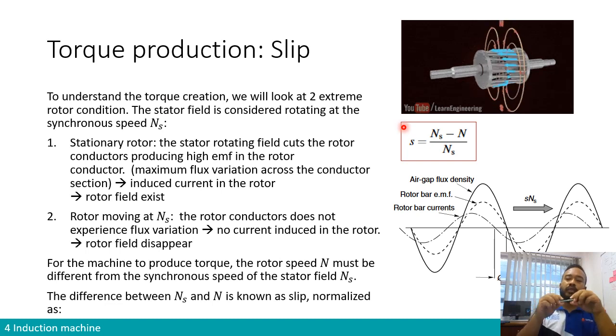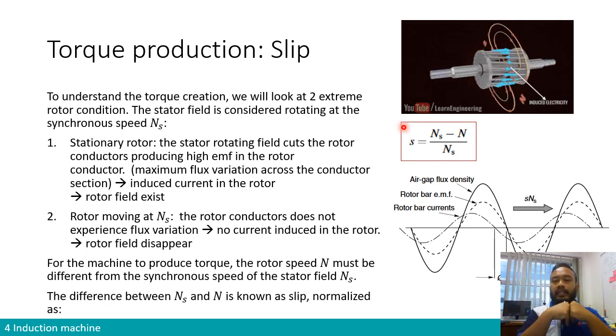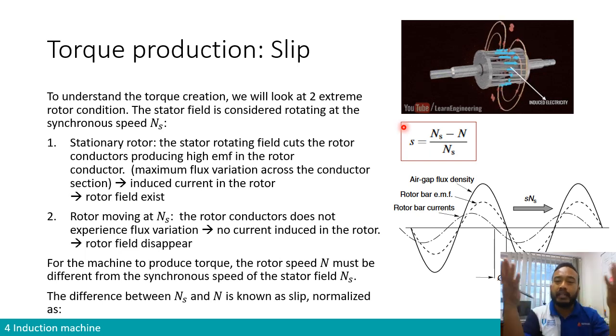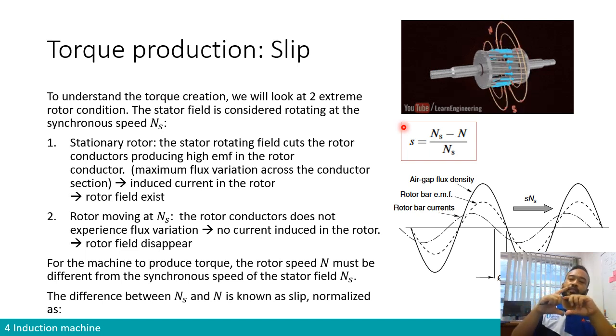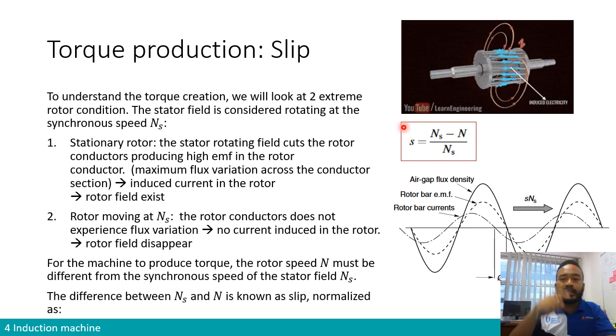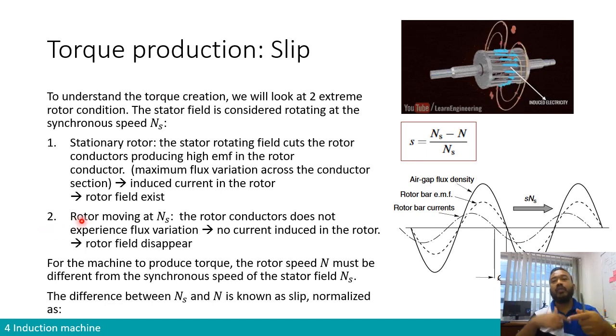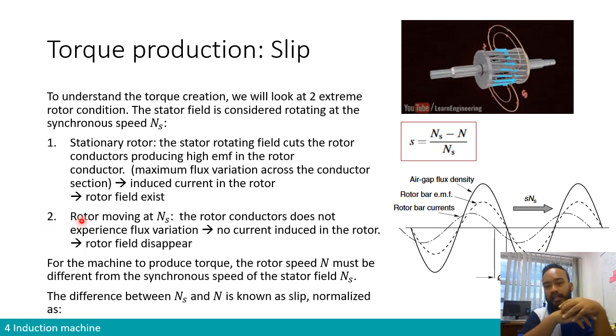The magnetic field of the rotor resembles the magnetic field of the stator because that is where it comes from, so it is going to try to catch up with the synchronous speed of the stator. When it catches up, we arrive at the next extreme condition, where the rotor has achieved synchronous speed.